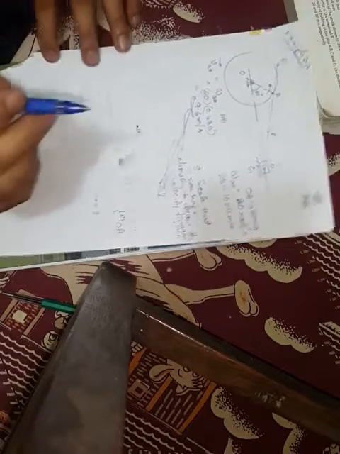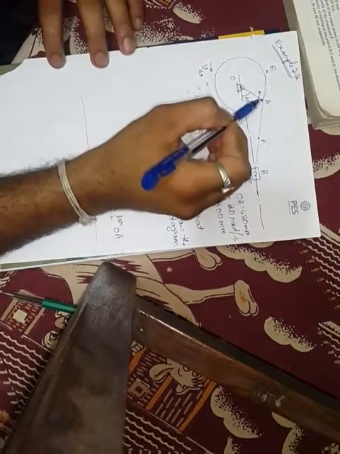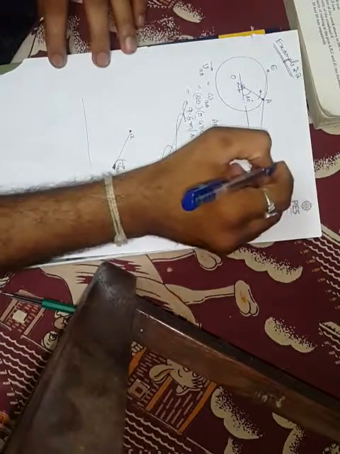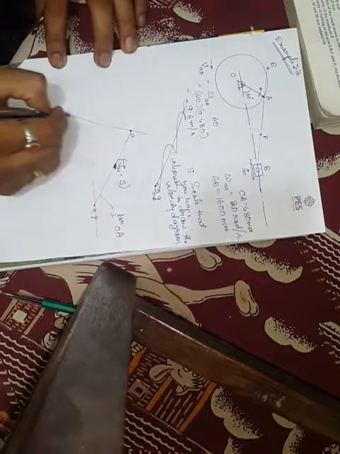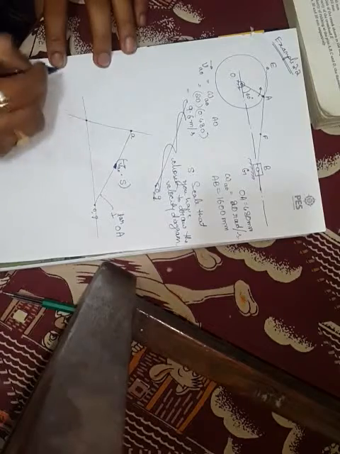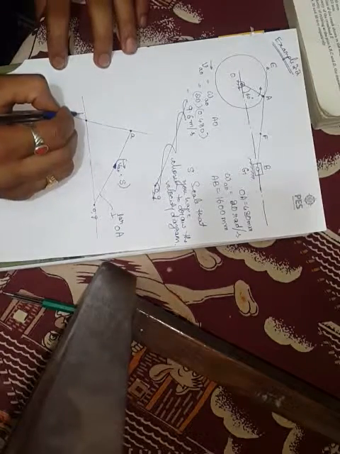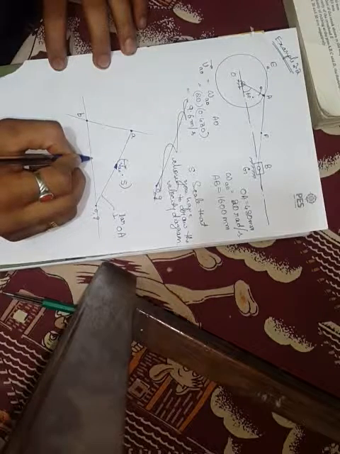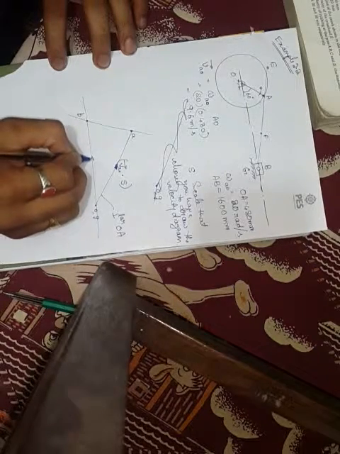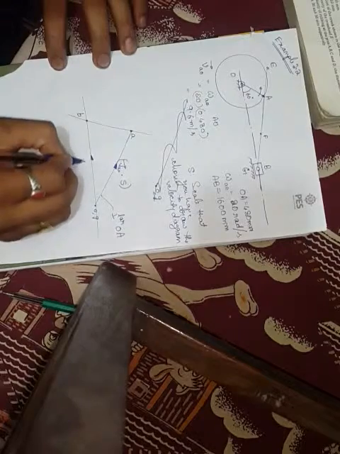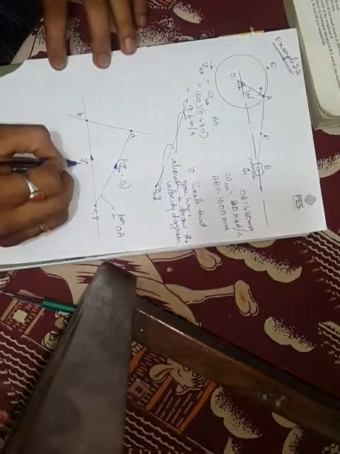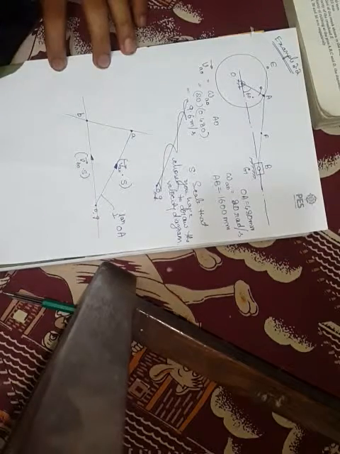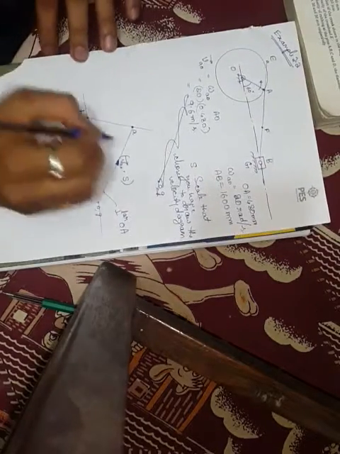Now we come to point A. From point A, draw a line perpendicular to AB. It meets here, so this point should be B. In this case this is the vector BO times the scale.